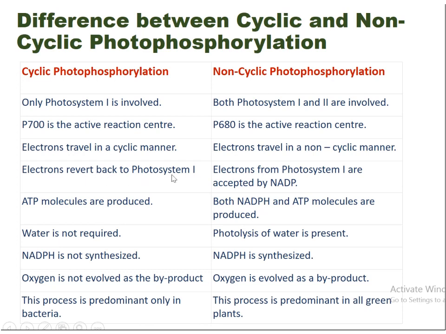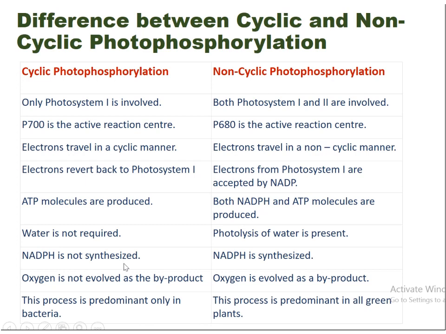Electrons revert back to photosystem 1 because it's a cyclic transfer, whereas in non-cyclic, electrons from photosystem 1 are accepted by NADP and reduced to NADPH2. ATP molecules are produced in cyclic, and in non-cyclic both ATP and NADPH2 are produced. Water is not required in cyclic, but in non-cyclic photolysis of water is present.